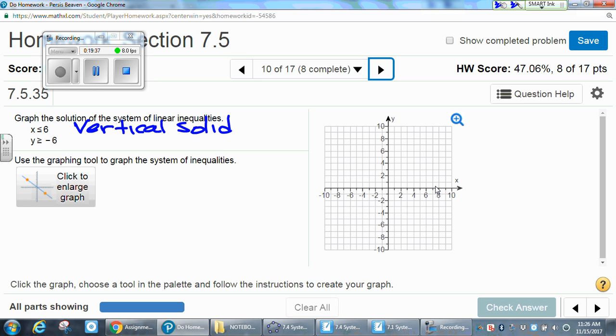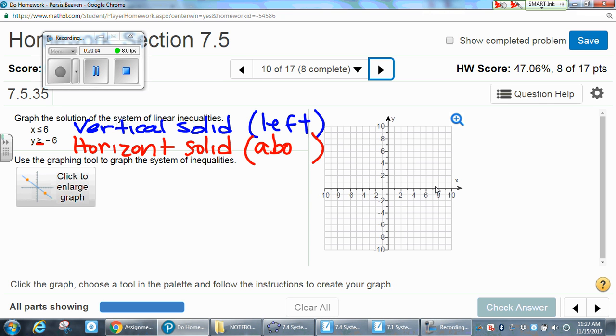And since we say less than, instead of saying we're going to color below, the numbers that are less than 6 are going to be on the left side. That's where we're going to color. And for the other one, this is going to be a horizontal line, also solid because we have that equal part. And it says greater than, so we're going to color above the horizontal. So let's graph it.